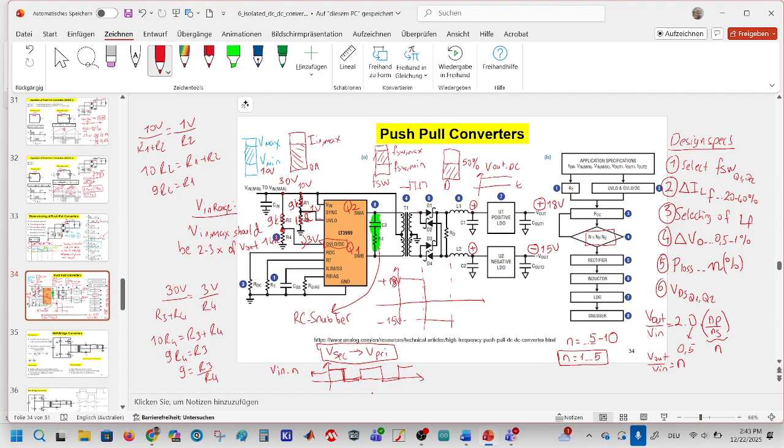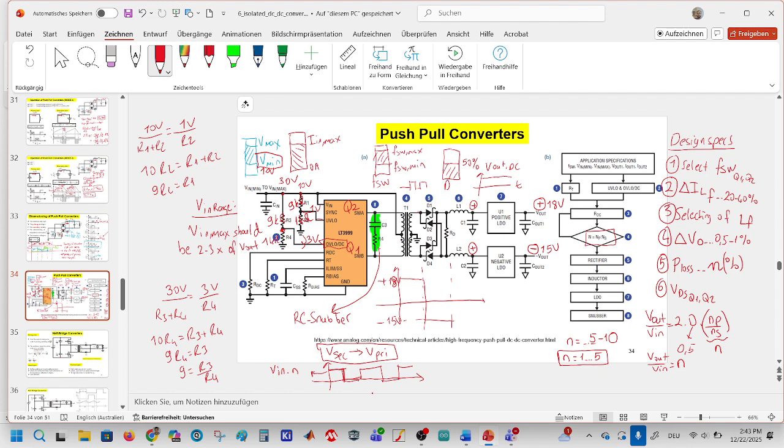So we can observe the maximum and minimum values of the input voltage, because this was the worst case. If you remember, the worst case for the DC-DC converter occurs when the input voltage has the minimum value.